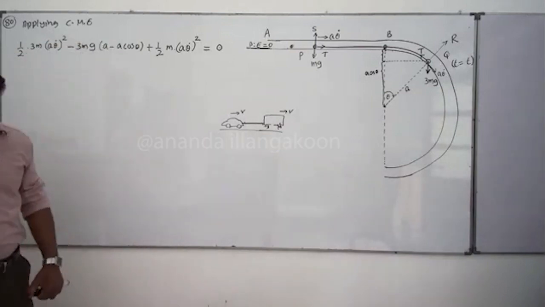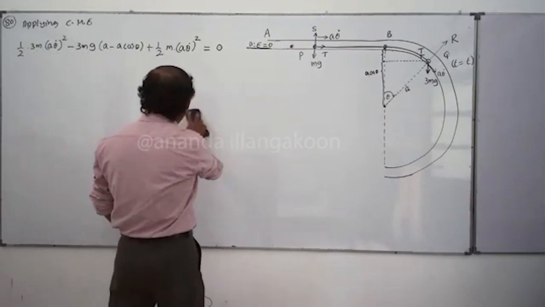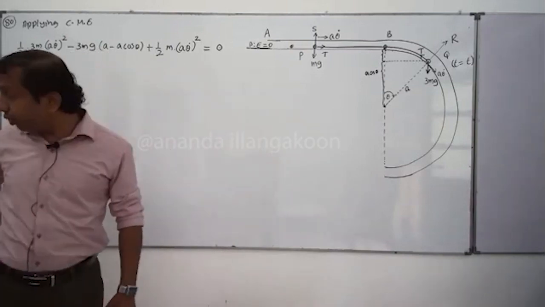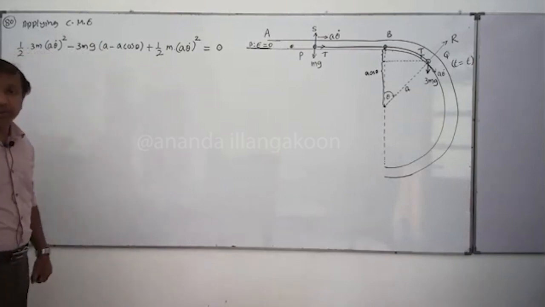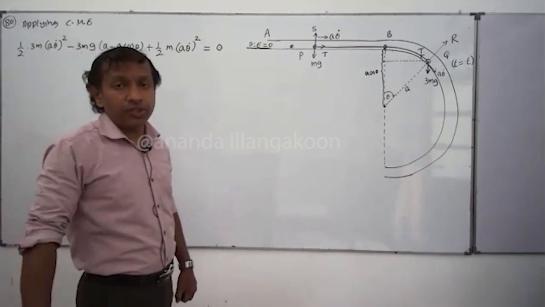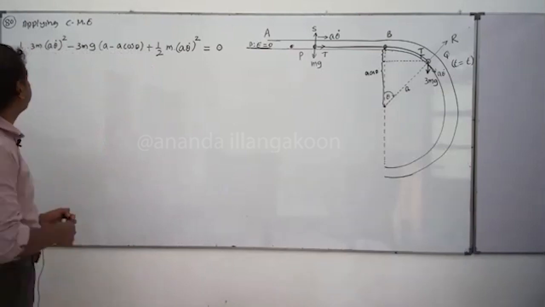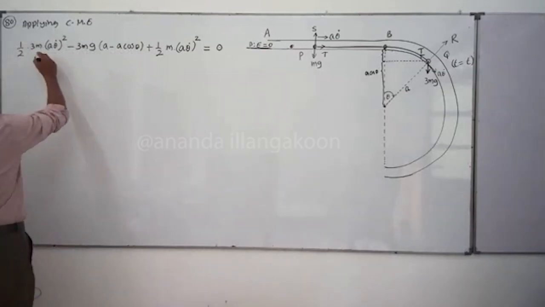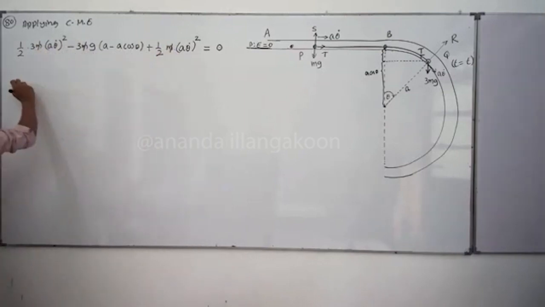Right, so now we can simplify this. By simplifying, we can get the answer for d theta over dt squared. What does d theta over dt mean, people? It means theta dot. We are asking for the theta dot squared answer. First we cancel down this m and multiply by 2.